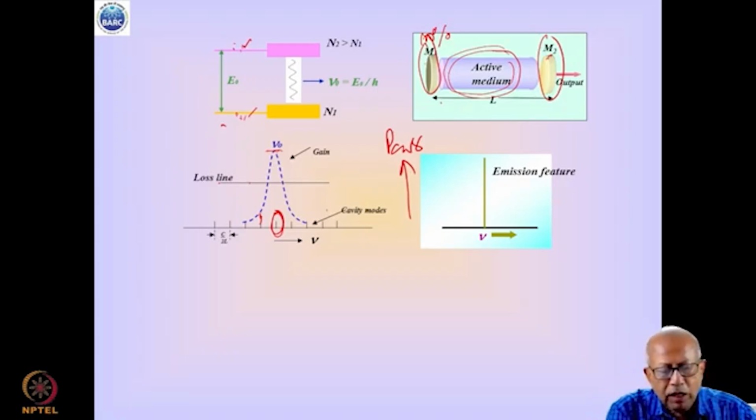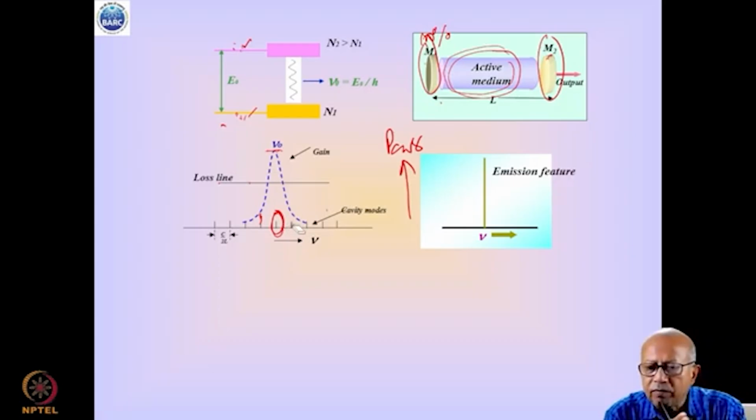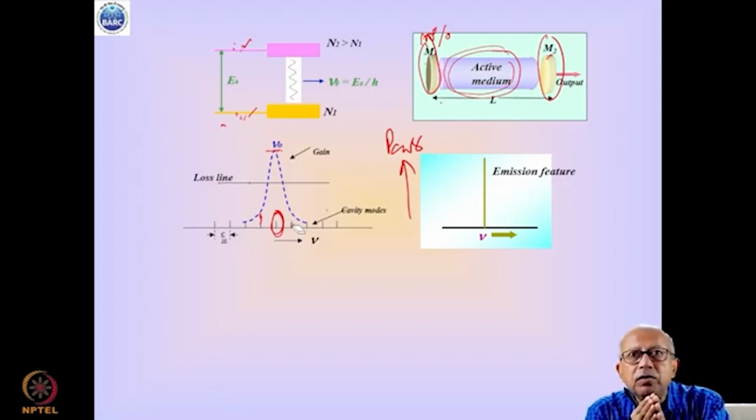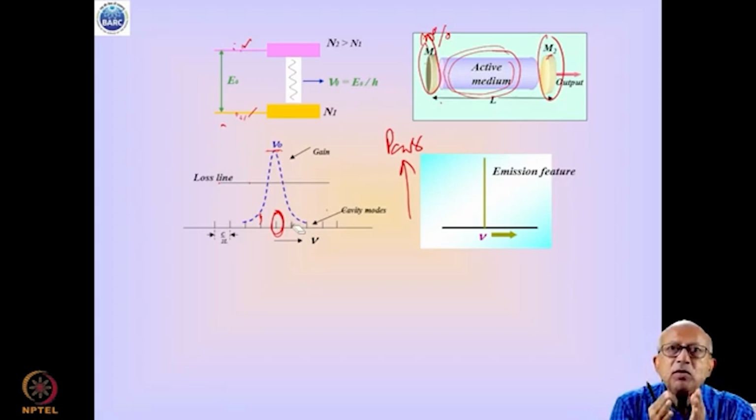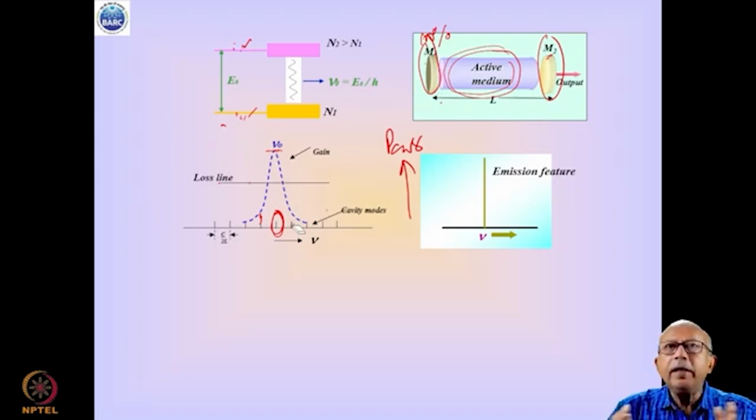The same also can be achieved simply by reducing the cavity length. We have seen that if you reduce the cavity length, then the free spectral range, that is the spacing between two adjacent cavity modes, increases, because free spectral range is inversely proportional to the cavity length. Shorter the length of the cavity, the more widely the modes will be spaced.